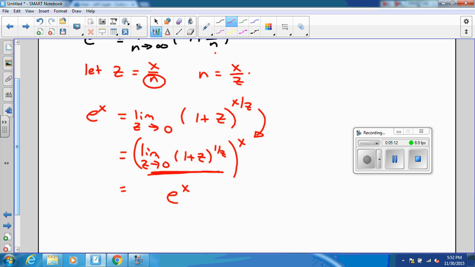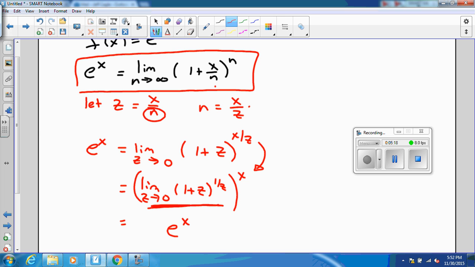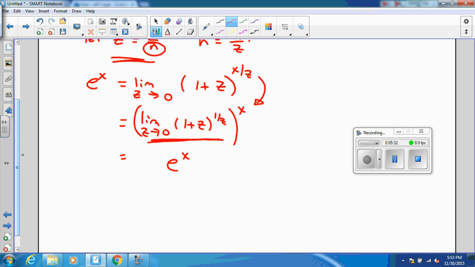Why, we just showed that that limit was equal to e. So it turns out that our definition right here actually makes a whole lot of sense. In terms of the substitution z equals x over n, this limit gives me exactly e to the x power.